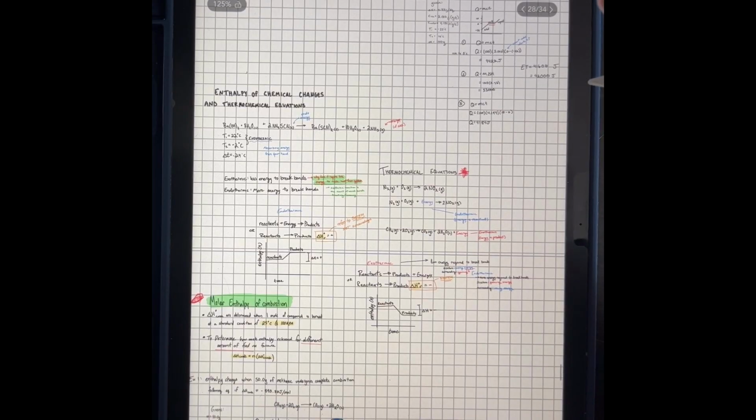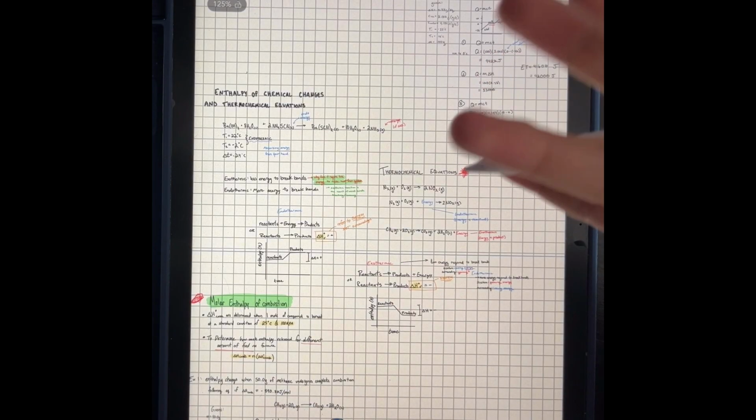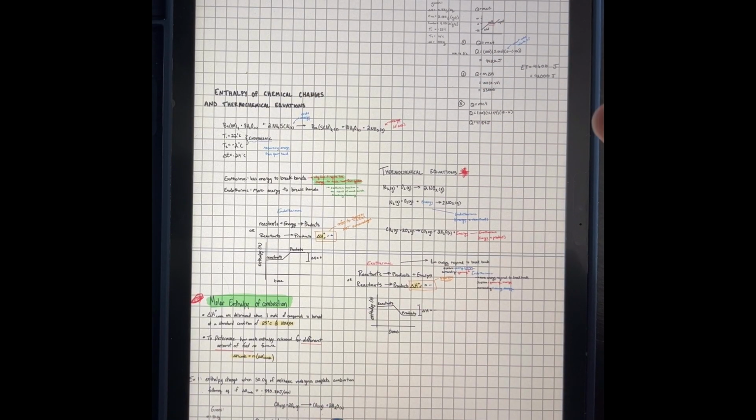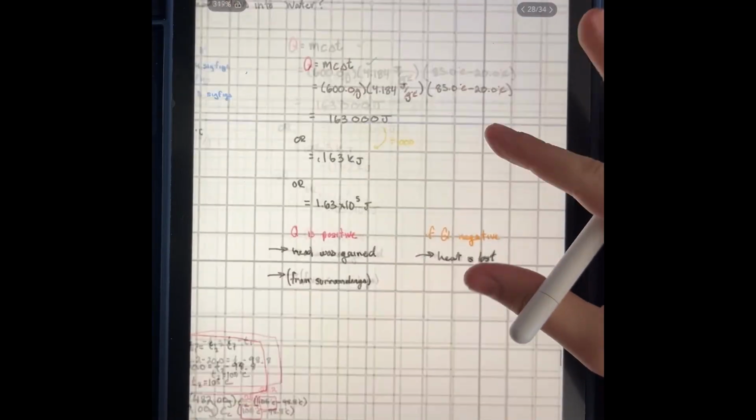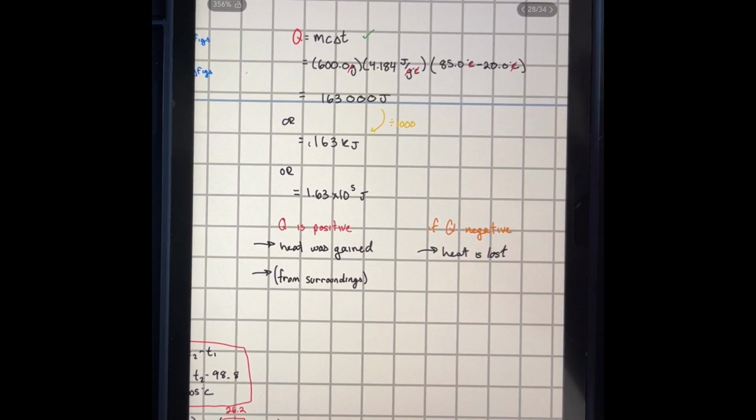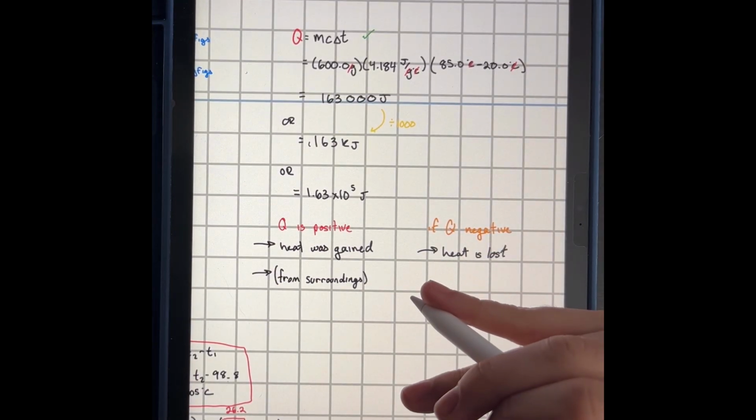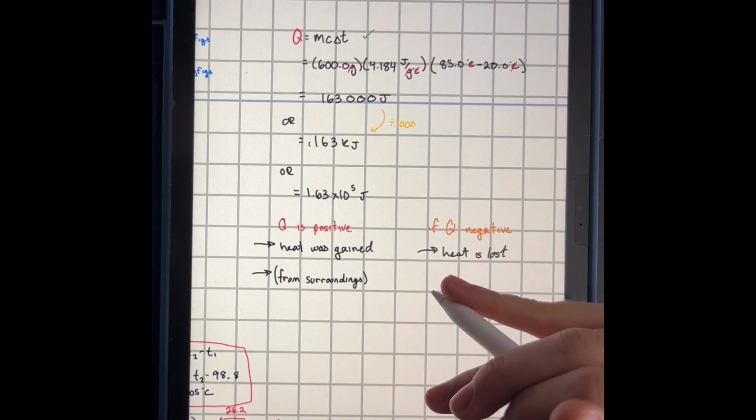So Q was positive, so it's an exothermic graph. Oh my, what am I saying? Q, I don't know if this is right. Heat was gained from surroundings. The system is negative. It's endothermic.